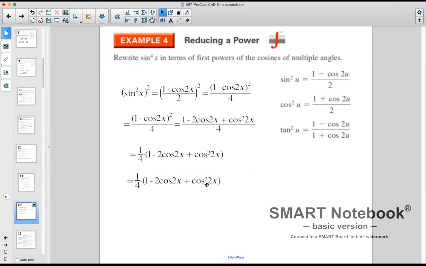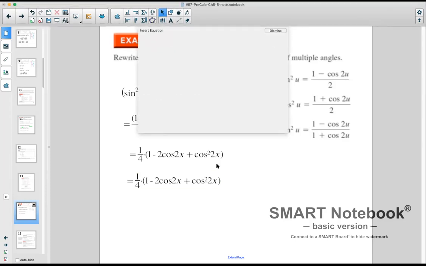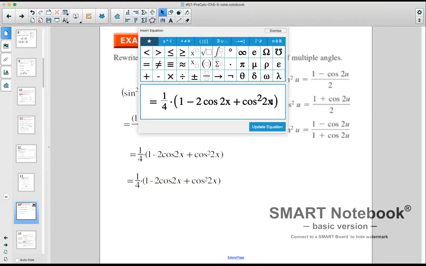It's 1 plus a fraction, right? And the denominator is 2, correct? And this one is 1 plus cosine 2 times 2x, right?